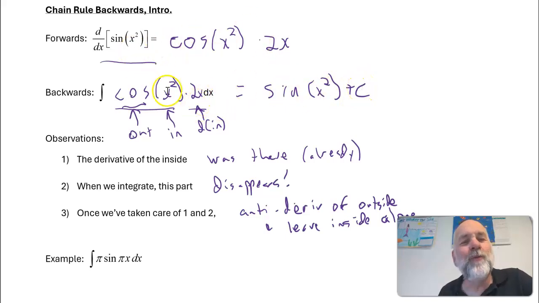But if you think about it, we've been doing chain rule for so long, we're used to it. When you do the derivative of a composite function, you suddenly get this extra new function that gets created when you do that chain rule. It started with one function with an inside.